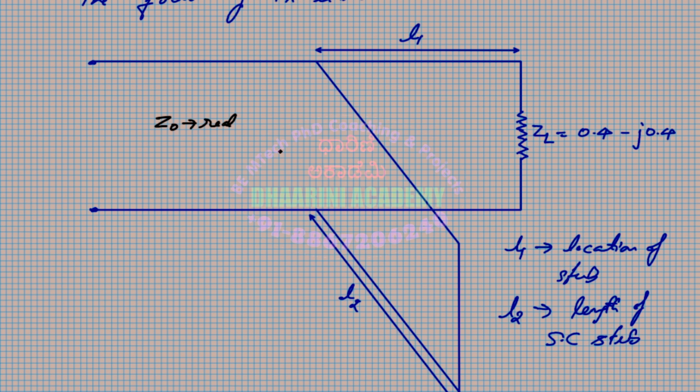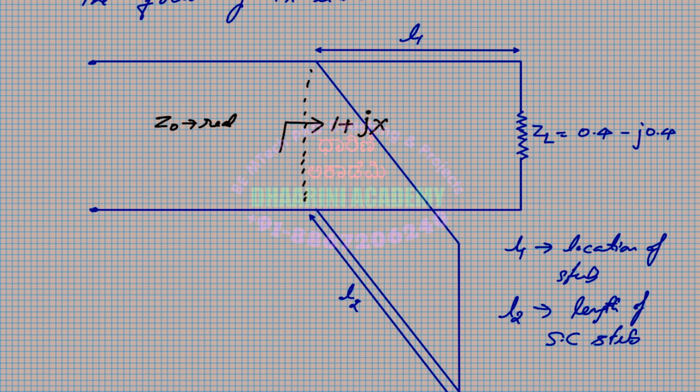Now when I look into this particular point, I am supposed to get 1 plus or minus whatever jx. This is what I am expecting. It is 1 because Z0 and the real value we get here are matching, so Z0 by Z0 is 1.